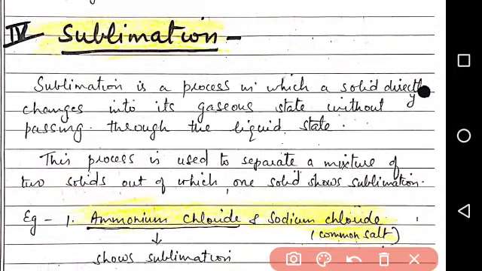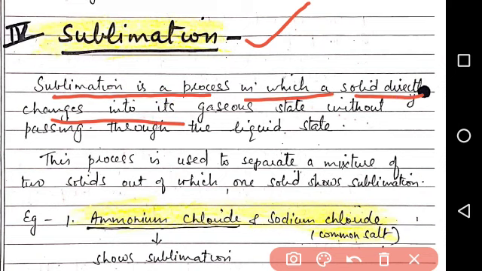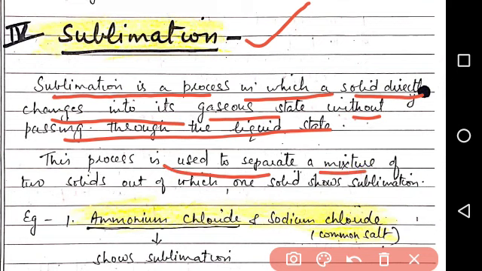The next method is sublimation. Sublimation is a process in which a solid directly changes into its gaseous form without passing through the liquid state. This process is used to separate a mixture of two solids out of which one solid shows sublimation.